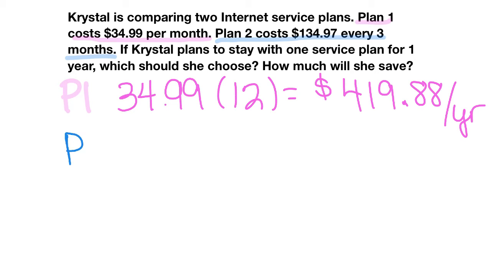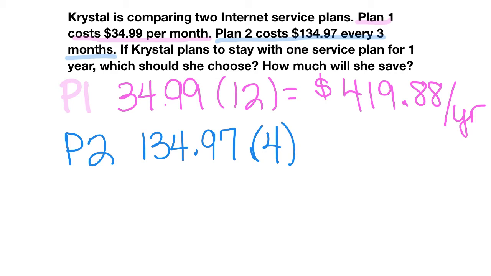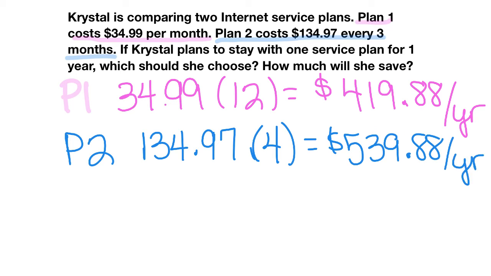But then we have Plan 2. Plan 2 costs $134.97 every 3 months. Since there's 12 months in a year, we would multiply this amount by 4. So $134.97 times 4 gives us a total of $539.88 per year.